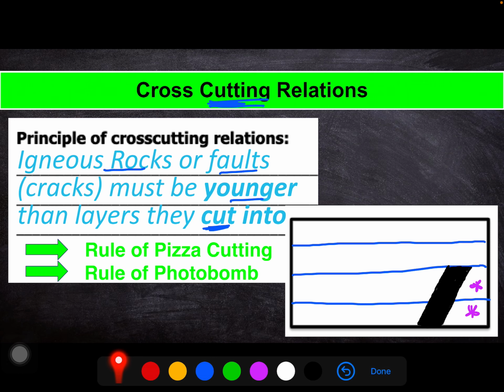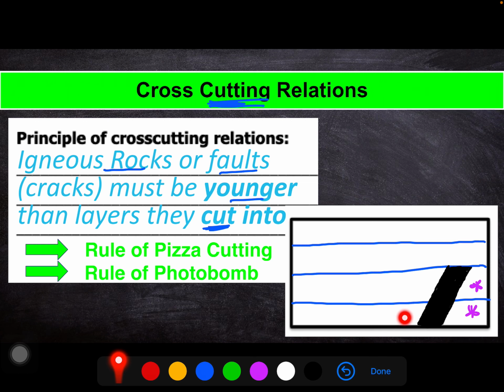We know photobombs are when you jump in someone's picture that's already going on. So again, these guys have to exist before this can photobomb. These have to be the original before you can cut into it, whether that's the pizza cut or the photobomb cut.